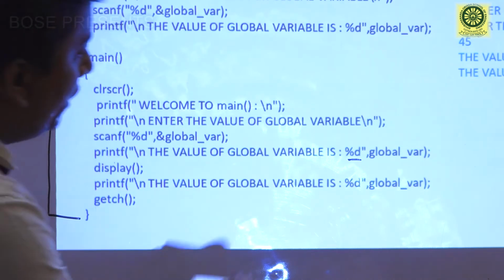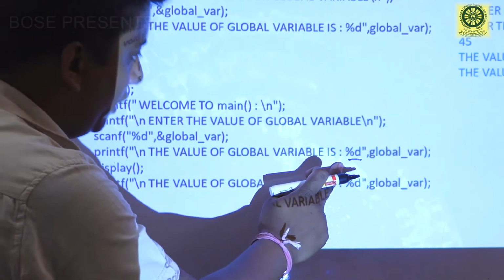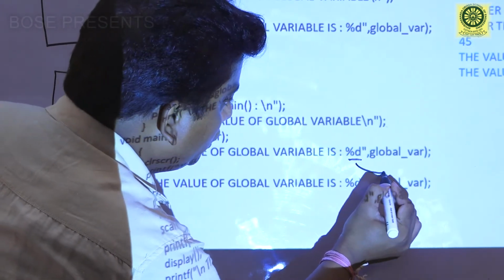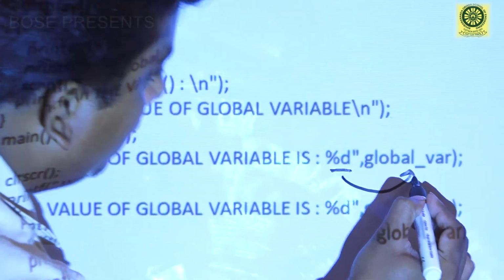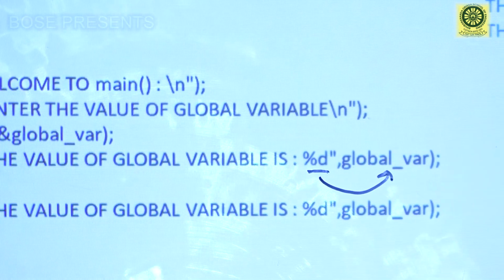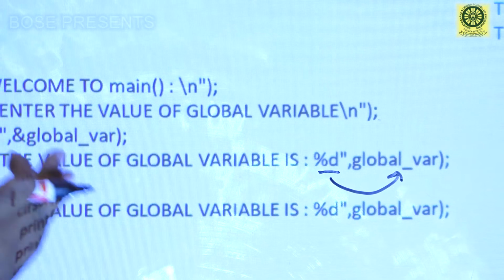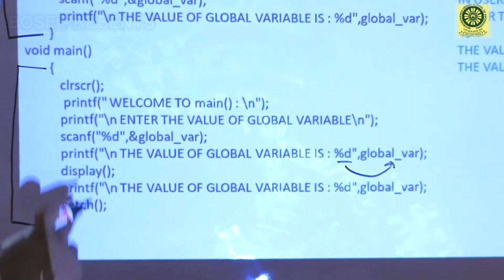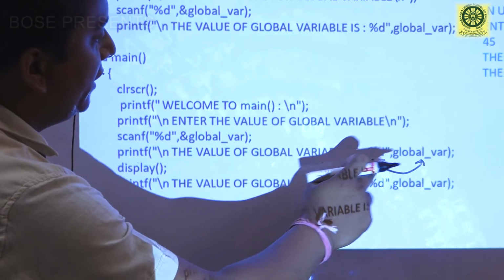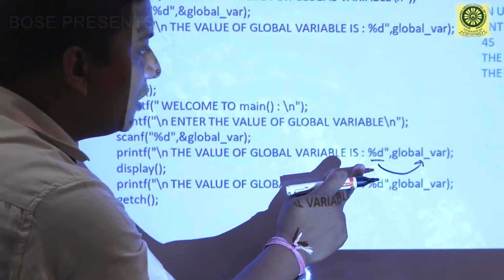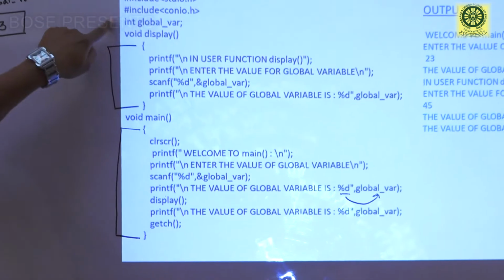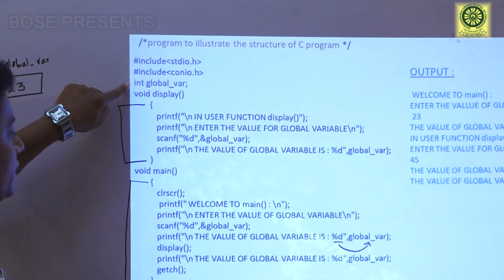As I have written a conversion specification character, I have to give a variable name. So in this line I would like to print the value stored in the global variable. Why have I written %d? Because I have already declared the global variable type as int.